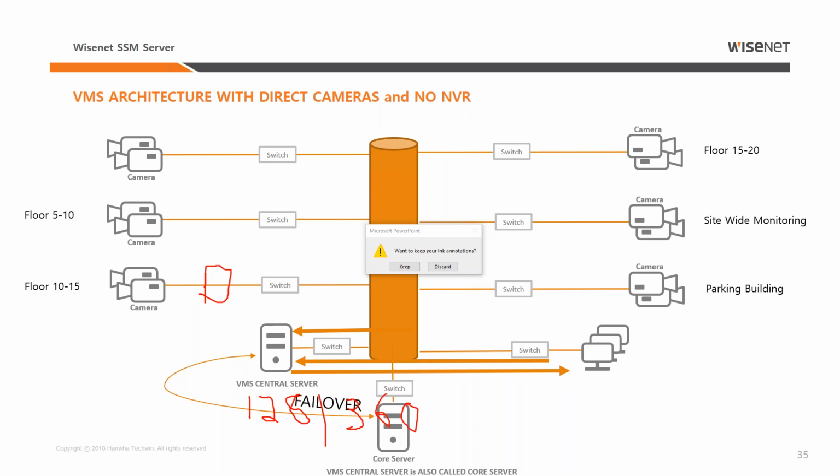So I need 3 recording servers. The model number is, you will decide, 7510. So model PRO 7510.